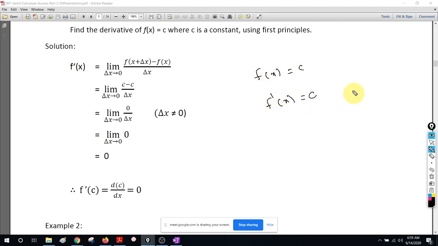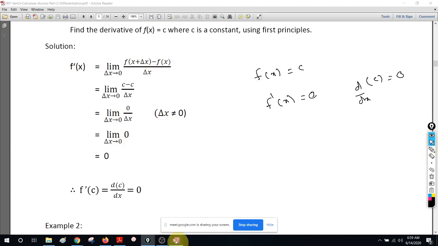In other terms, d by dx of c equals 0. That is the first derivative you have to remember. When you have a constant function, its derivative is 0. We found it from the first principle.